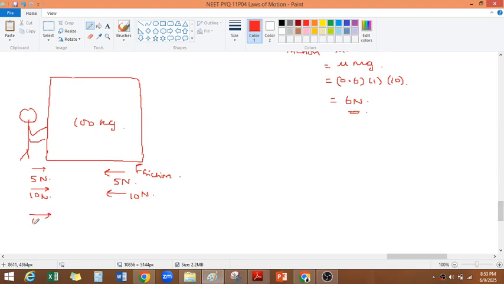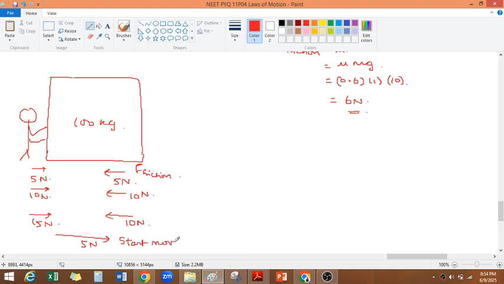And when I apply 15 Newton, maybe it has reached the maximum value, say 10 Newton is the maximum. So now the friction cannot go beyond that, which means 15 minus 10, so 5 Newton will be the resultant, and it will start moving.